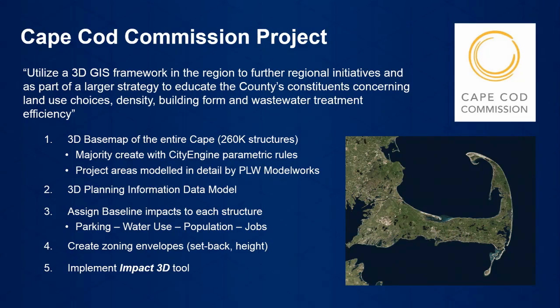So every building has parking and traffic and wastewater impacts, jobs, population. So using basic planning formulas, we assigned these impacts to every structure based on square footage and the use of the buildings. And then also we created some zoning envelopes to show where the buildings could be located on a parcel. And then we implemented a tool that we've developed called Impact 3D.